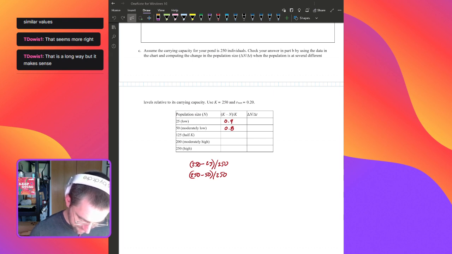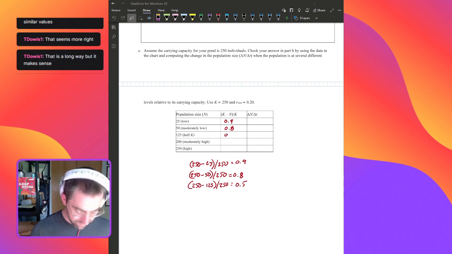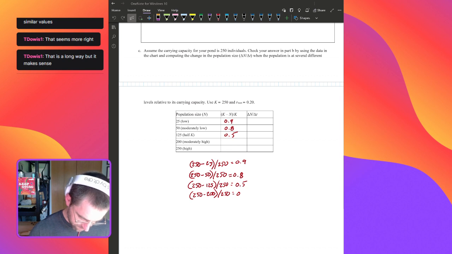Cool. Well, 0 divided by 250 is 0. Cool.